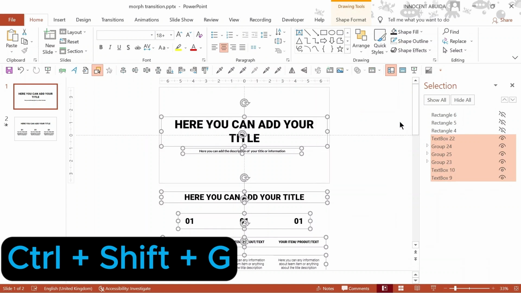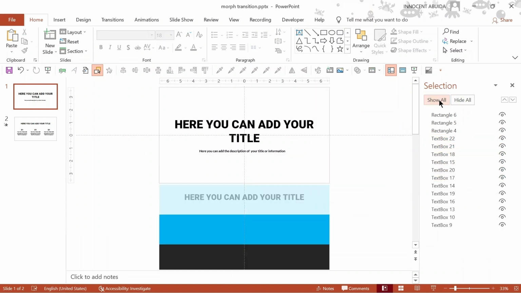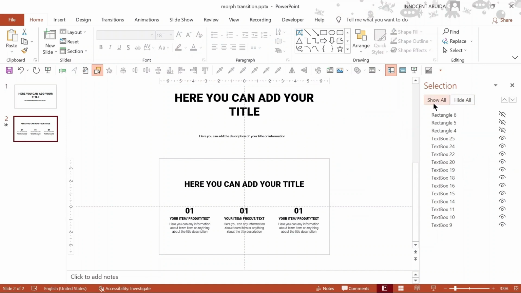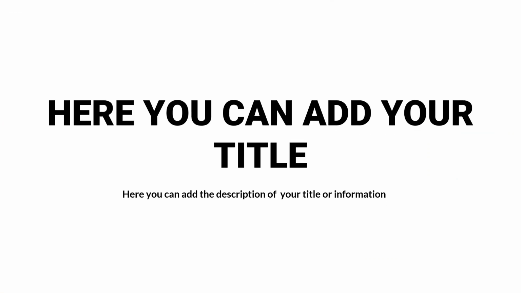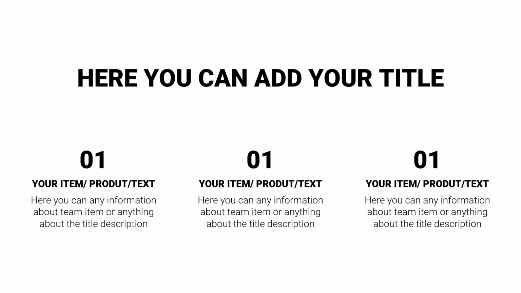Finally, ungroup the text and choose Show All in the Selection Pane to return the hidden shapes. And there you have it. You've created a smooth shape morph transition.